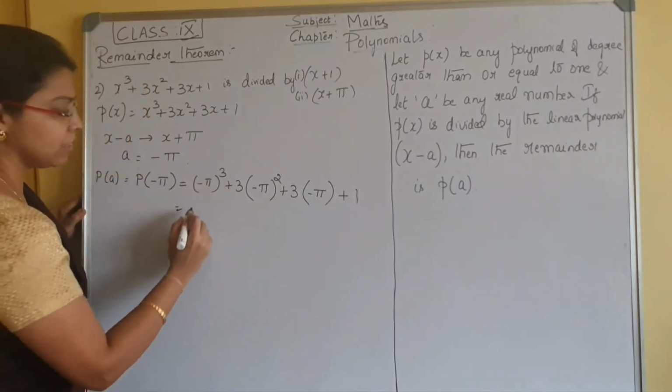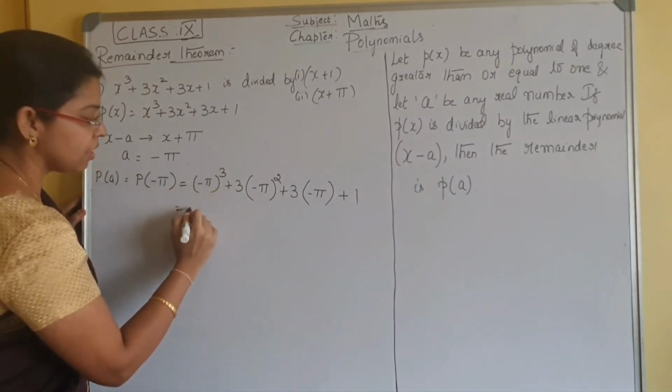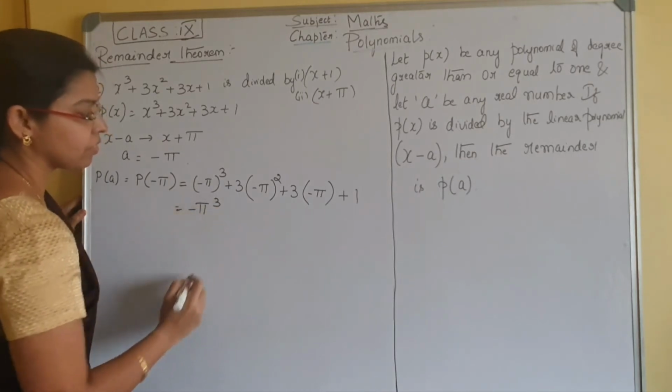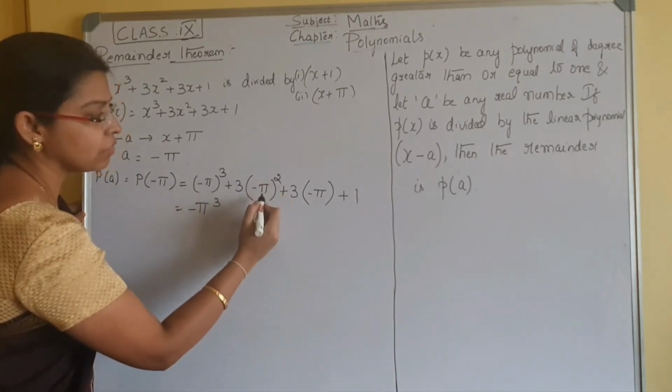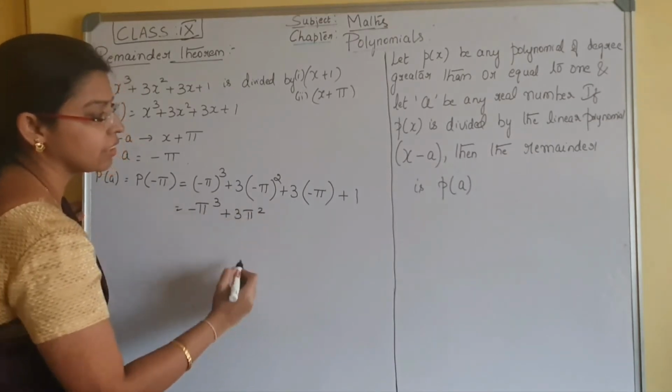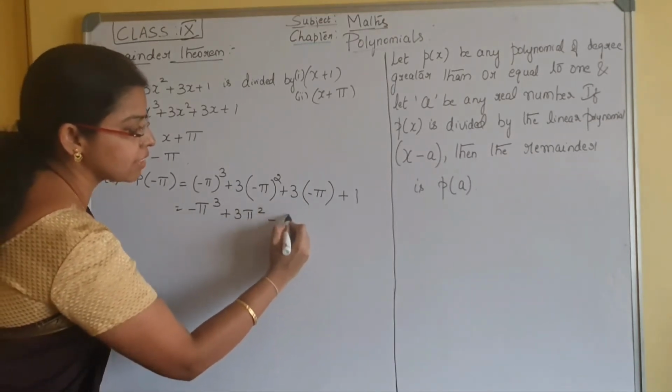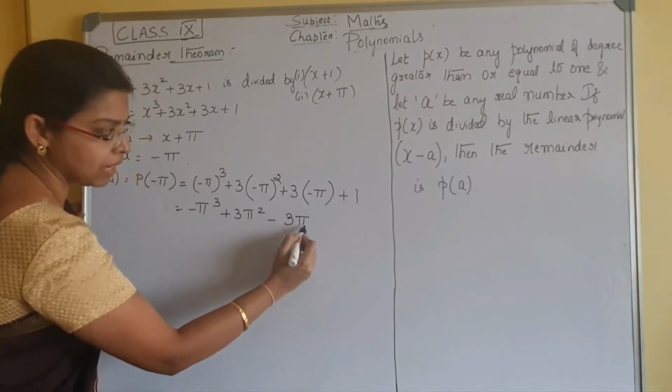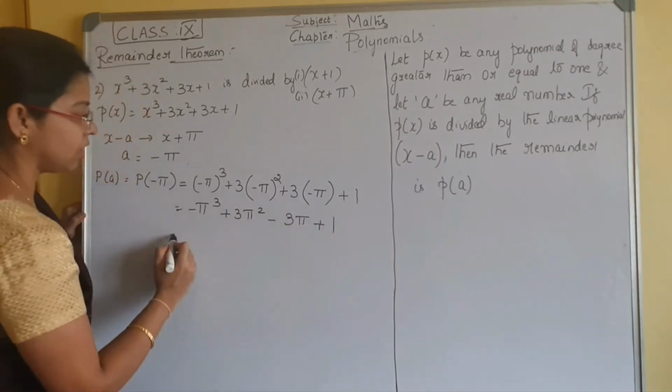Minus pi the whole cube is minus pi cube. Then minus pi square will give you pi square, plus 3 pi square. Then plus into minus minus, 3 into pi, 3 pi, plus 1.